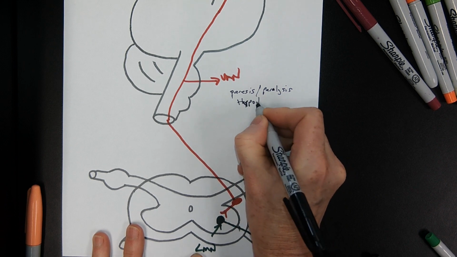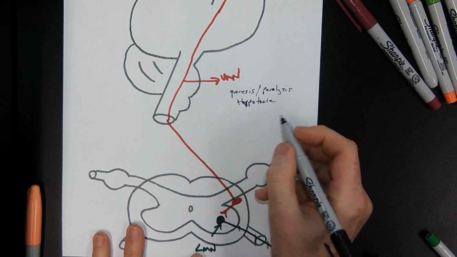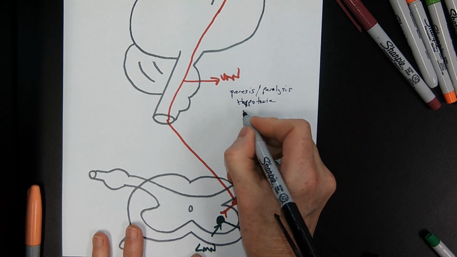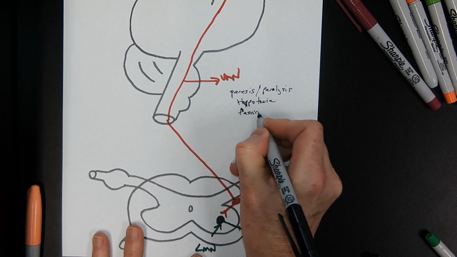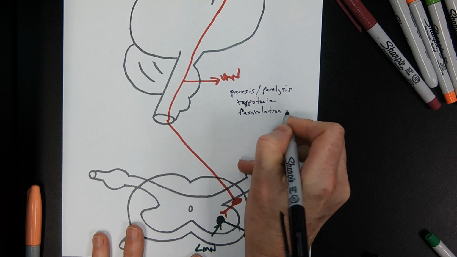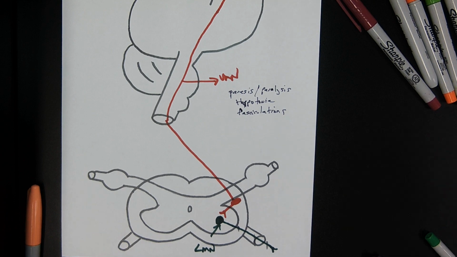Hypotonia. Okay, something called fasciculations. Fasciculations are like a quivering muscle. We'll see pictures of them when we get there.